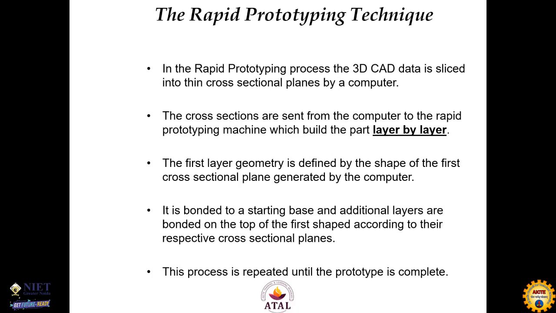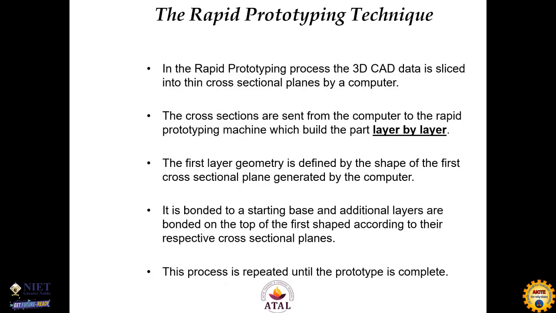In the rapid prototyping process, the 3D CAD data is sliced into thin cross-sectional plans by software on a computer. Basically, all these processes were already shared by Professor Rajkumar in the morning session; I'm just going through the process. The cross-sections are sent from the computer to the rapid prototyping machine, which builds the part layer by layer.